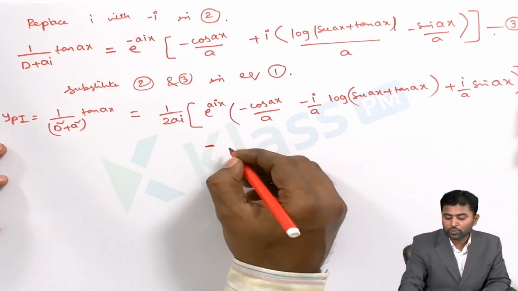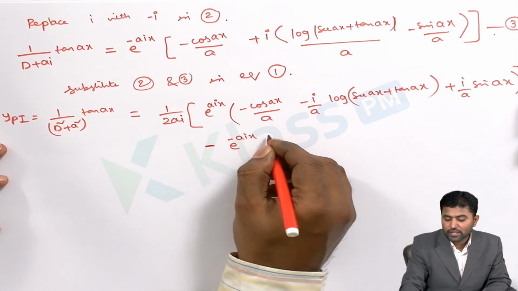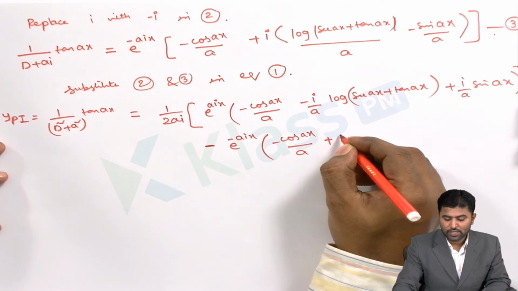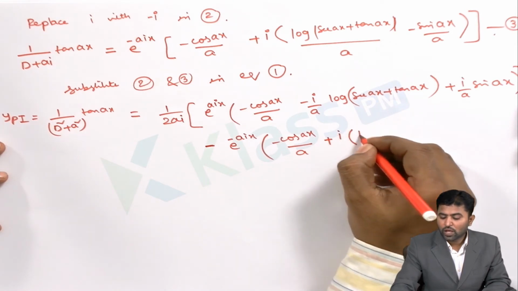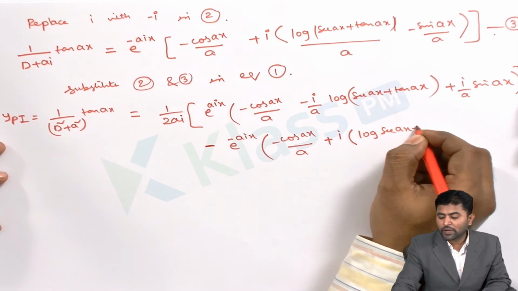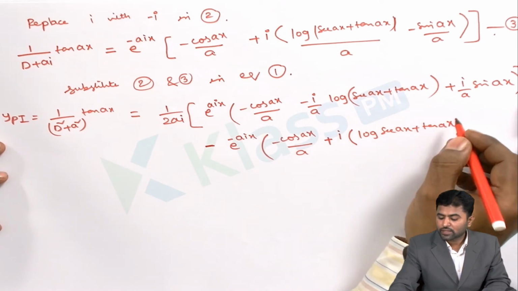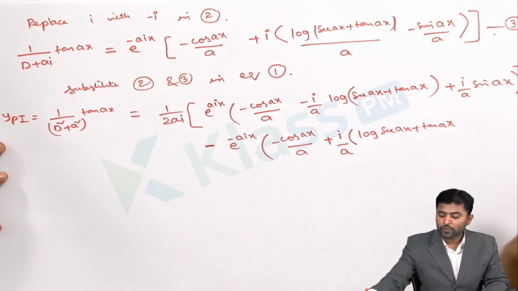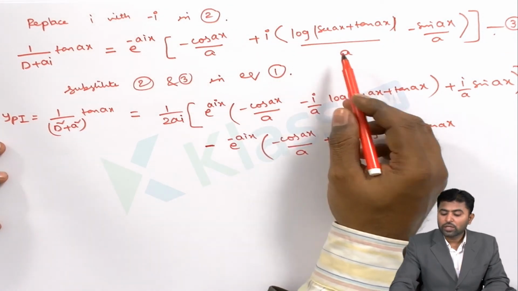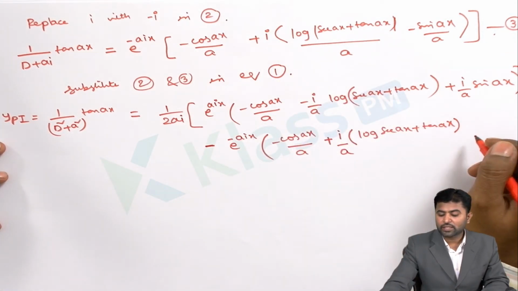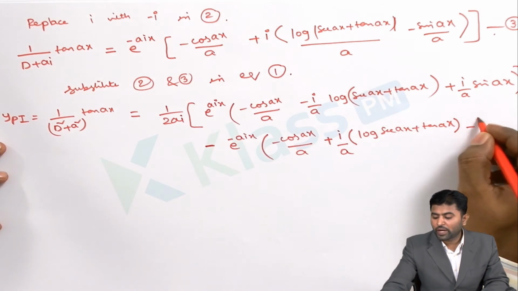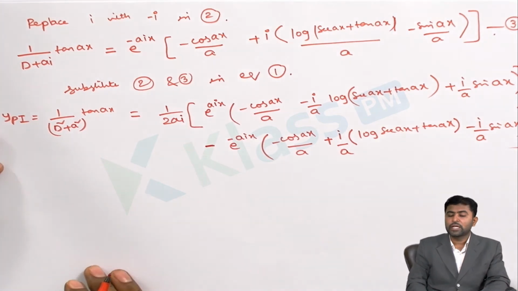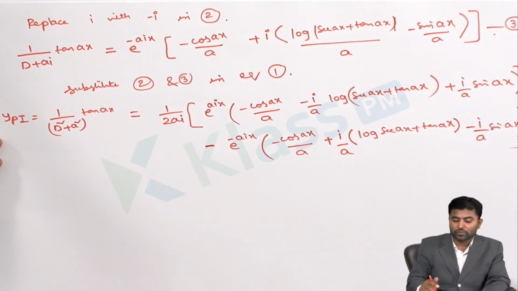We substitute this value: e power minus iax into minus cos ax by a plus i by a log secant ax plus tan ax, then here also I'll multiply it, so minus i by a sin ax. Now we have to solve this very carefully.